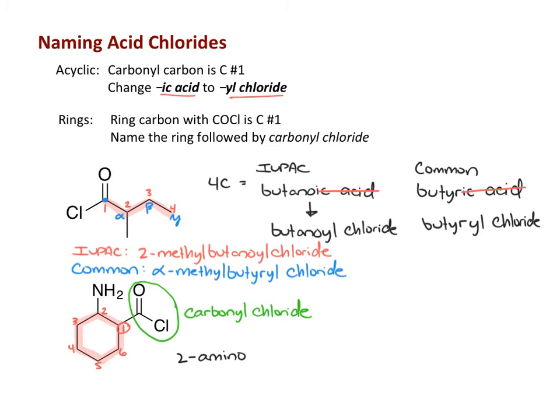We have 2-amino cyclohexane. But to designate the attached acid chloride, we finish the name with carbonyl chloride. Right here, sometimes you'll see people put a 1 to designate its location. It's not necessary, but IUPAC rules does allow you to put a 1 there if you want.